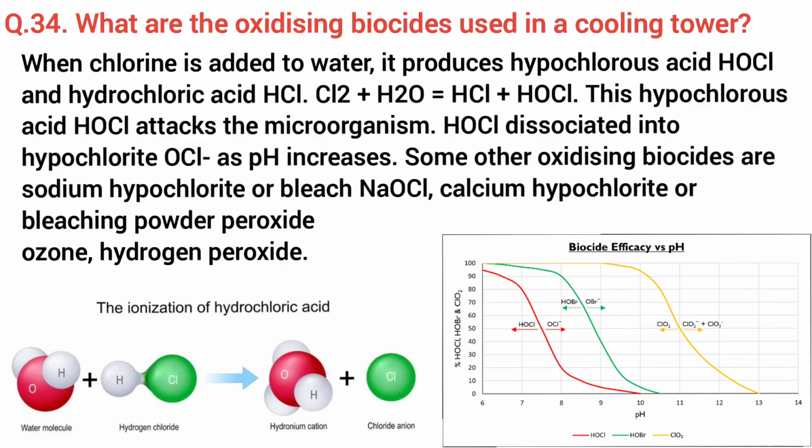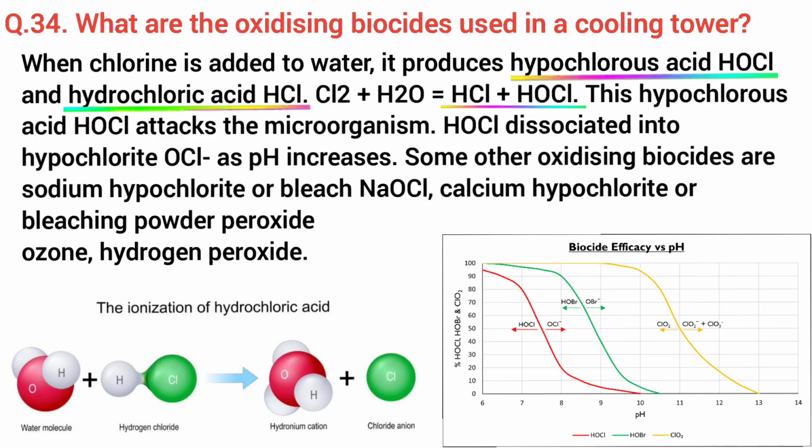When chlorine is added to water, it produces hypochlorous acid, HOCl, and hydrochloric acid, HCl: Cl2 + H2O = HCl + HOCl. This hypochlorous acid, HOCl, attacks the microorganism.